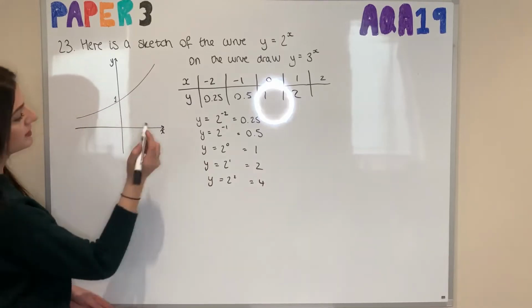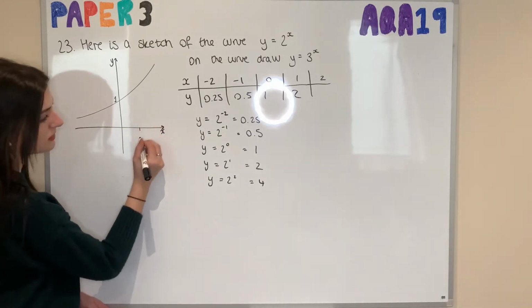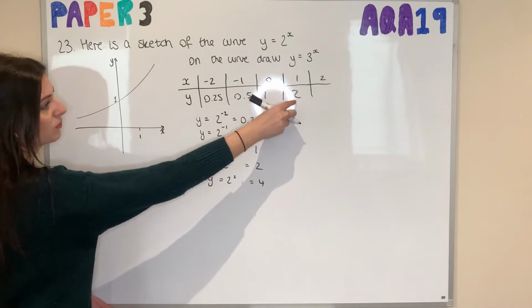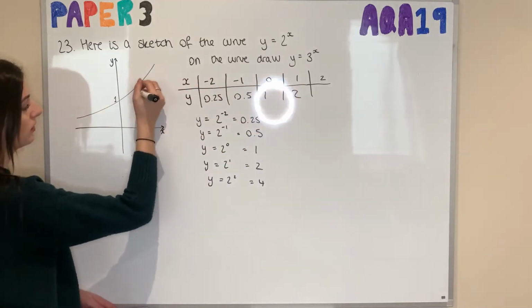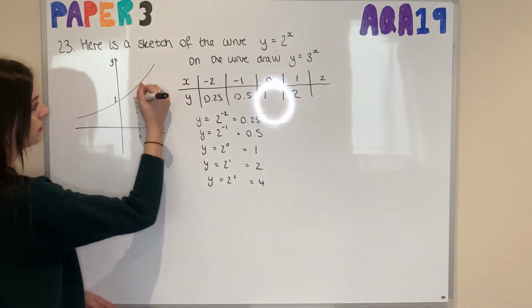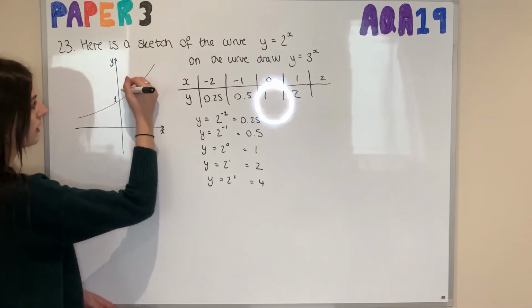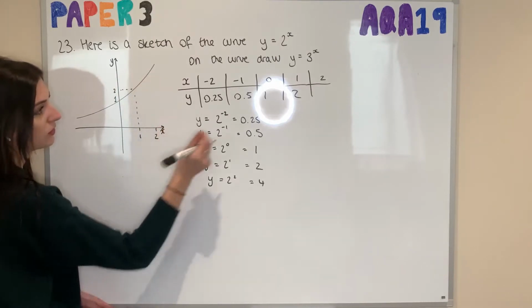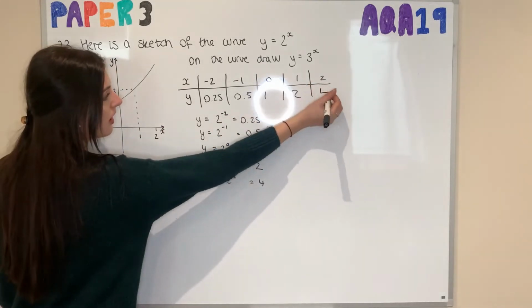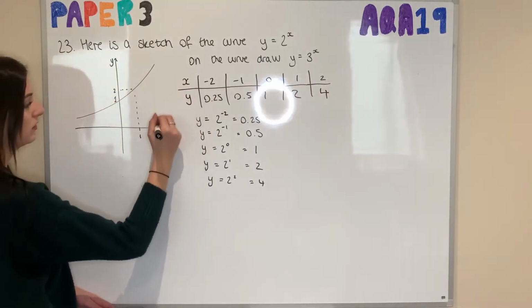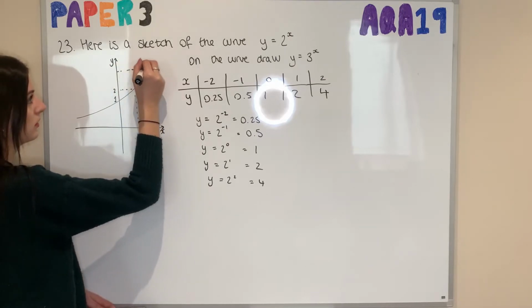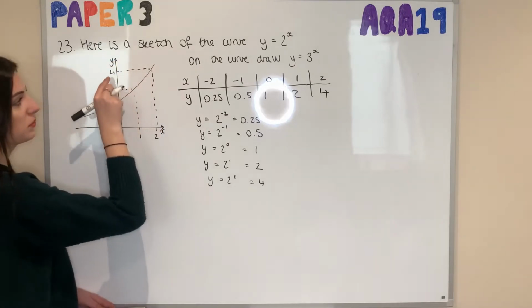So theoretically, if this is 1, so when x is 1, we know that y is 2. So we know that this value will be 2. We know that when x is 2, our y is 4. So we know that this will be 4.